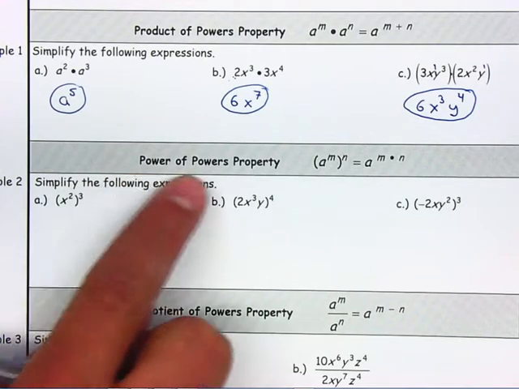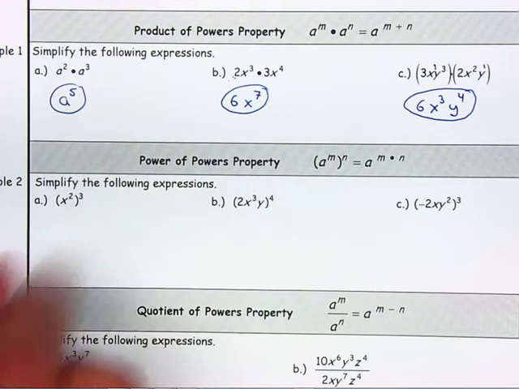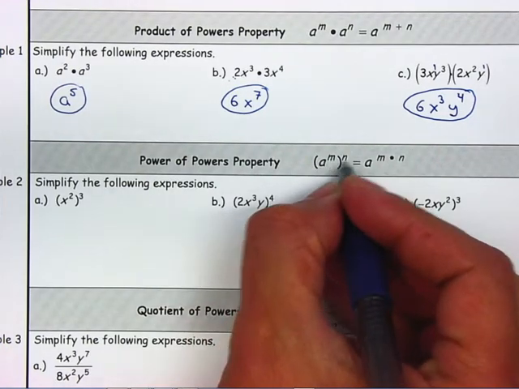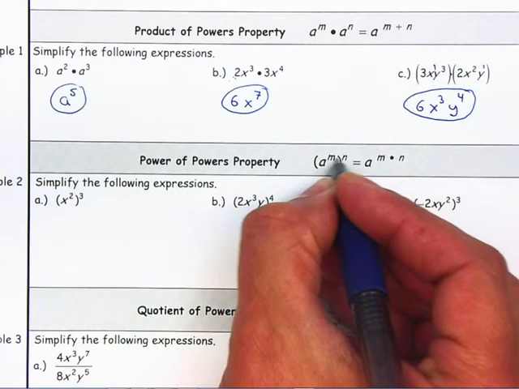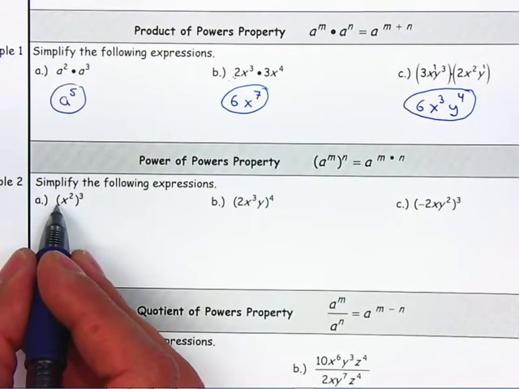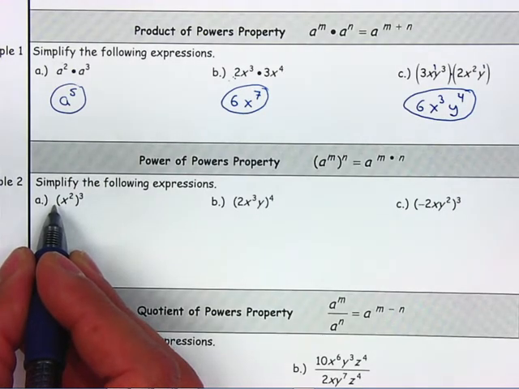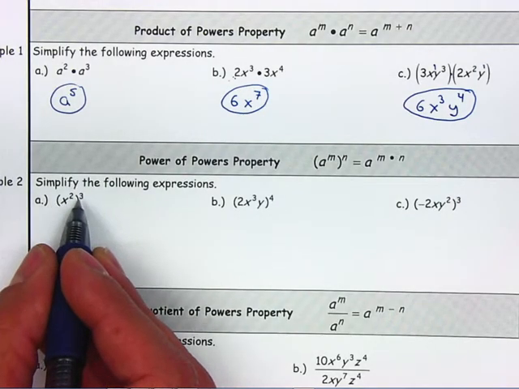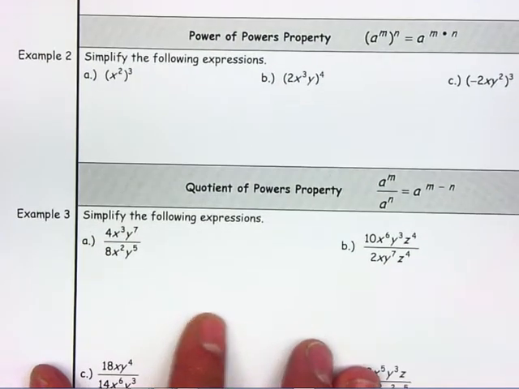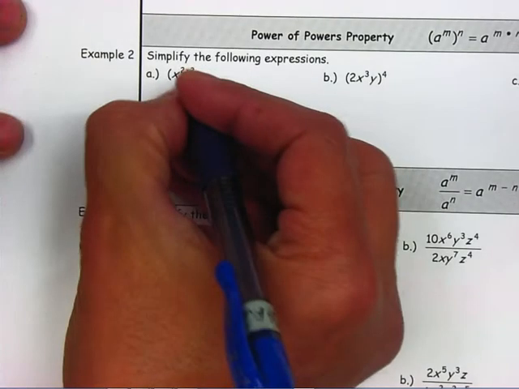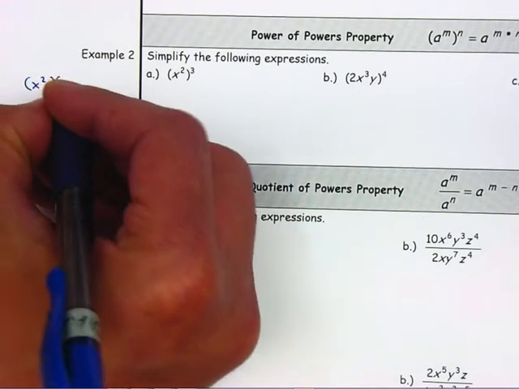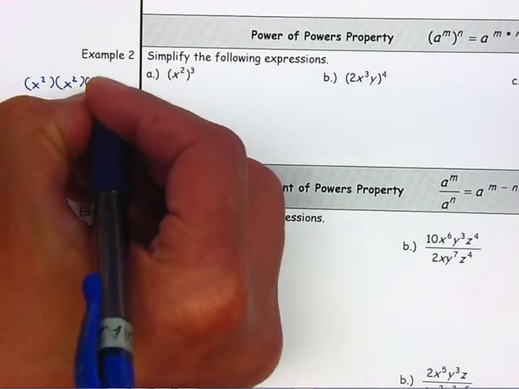The power of powers property, or the power property of exponents, means that whenever we have the exponent outside the parentheses, we can just multiply the exponents, just like the distributive property. For example, on letter A, we have x squared to the third power. Some of you have expanded it before in Algebra 1. Because it's to the third power, we can rewrite it 3 times: x squared multiplied by x squared multiplied by x squared.